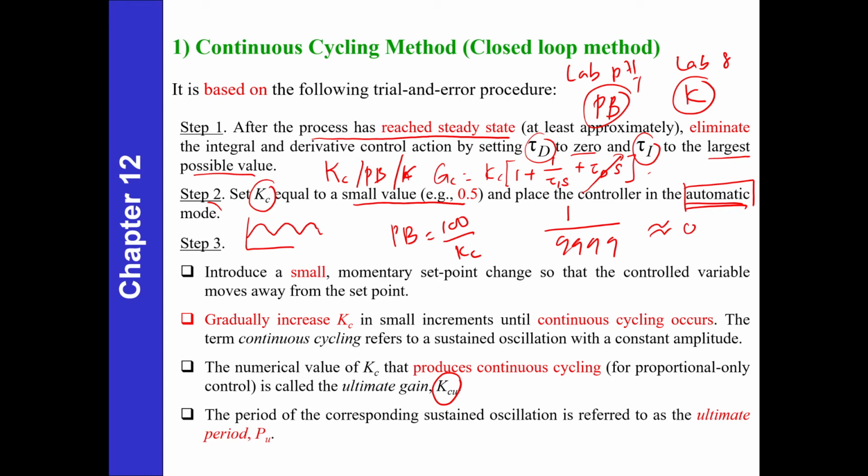If you get a sustained oscillation, this is the correct value of Kcu, or in your pH lab, Pb star. It refers to the same thing. How do we know it is the best value? By looking at the response. When the response is a sustained oscillation, that is the best value. So the sustained oscillation is just an indicator showing that yes, this is the correct value.